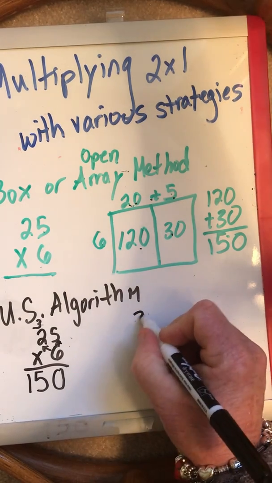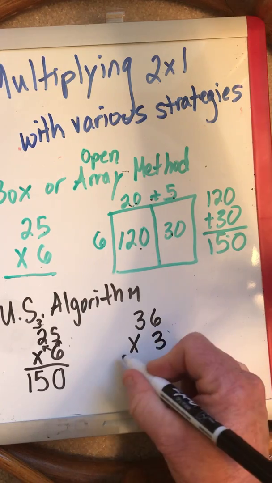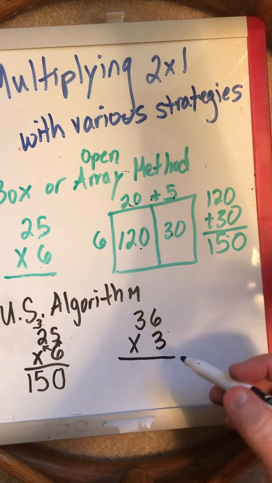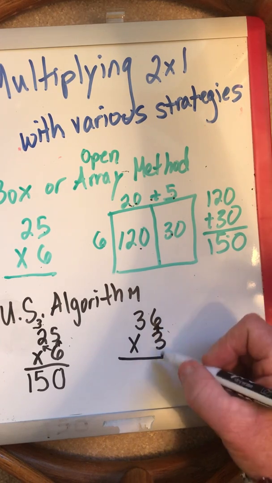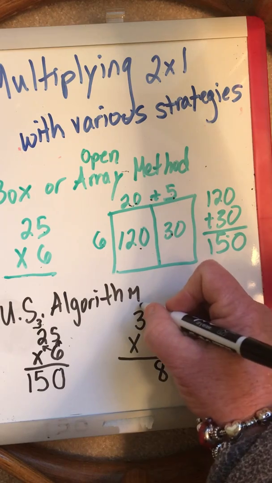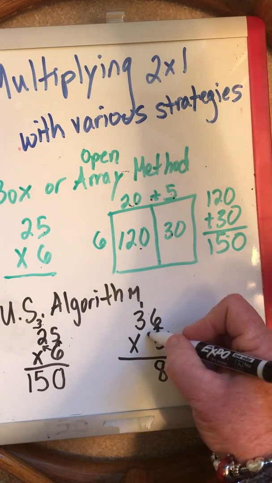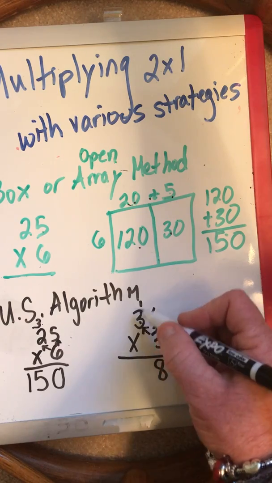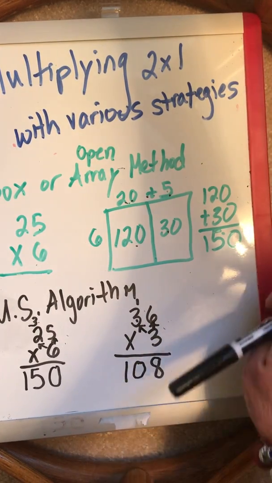Just to do another sample problem, say we're doing 36 times 3. We're going to start out with this 3, and we're going to multiply it by this 6. 3 times 6 is 18. Put down your 8, carry your 1. And then we're going to multiply 3 times 3, which is 9, plus your 1, which is 10.